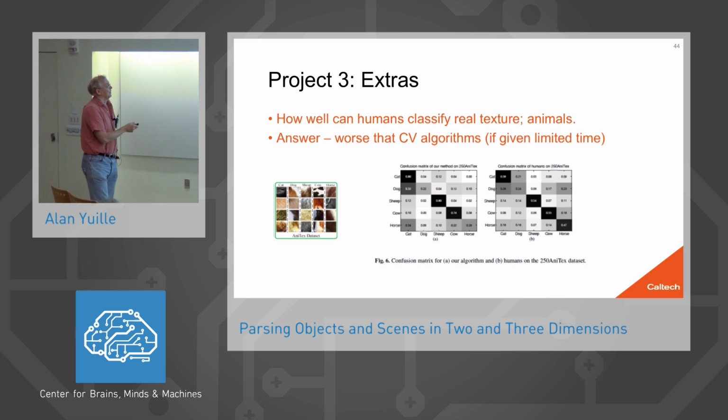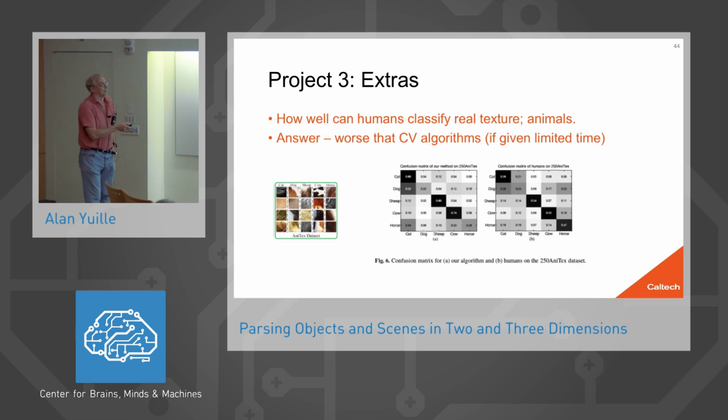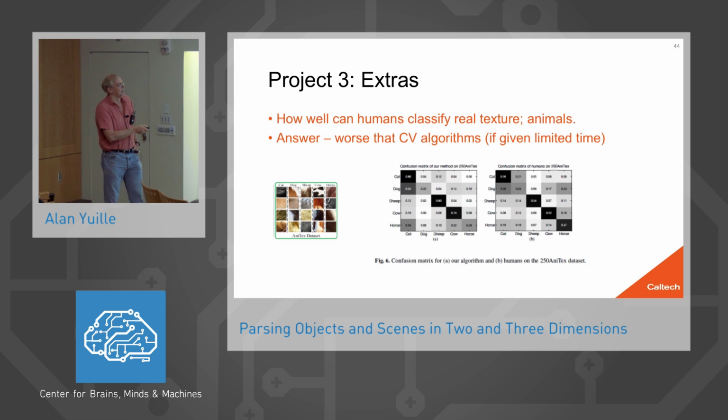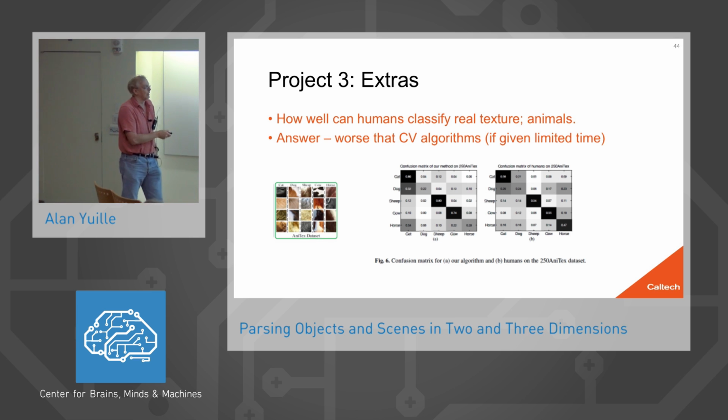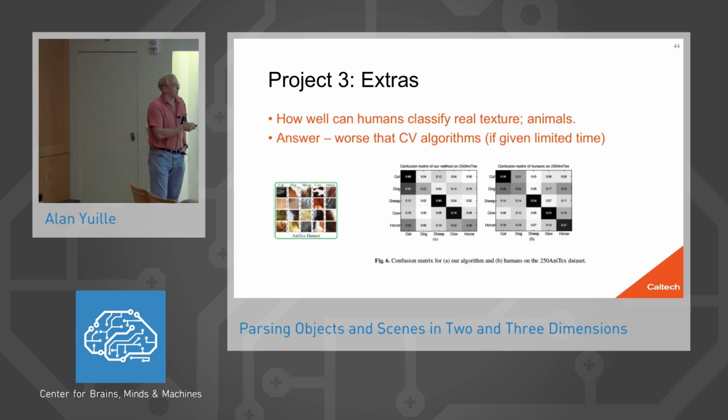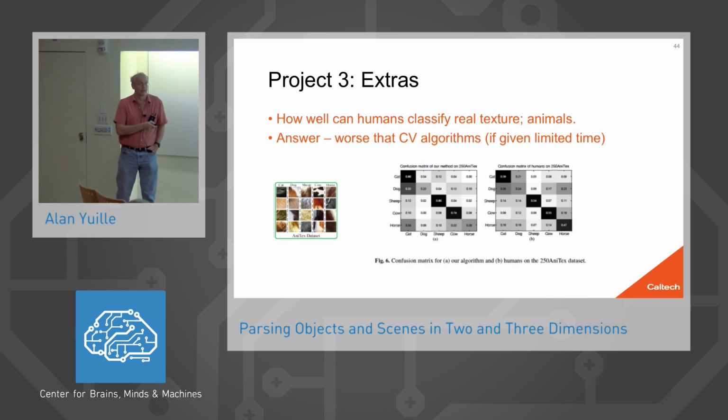Here, the question is how well can humans classify real textures, in this case animals. Here are some examples of textures from cows, horses, sheep, dogs, cats, etc. You show this to humans. You don't give them much time to do it. You take out the color because that gives a bit too much of a clue.